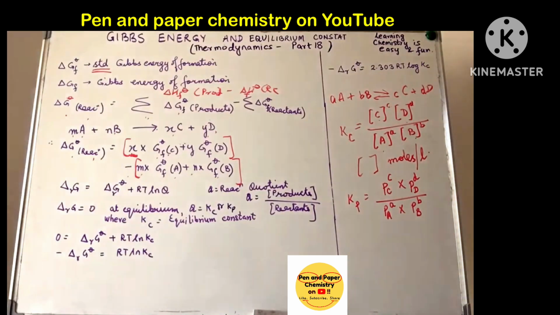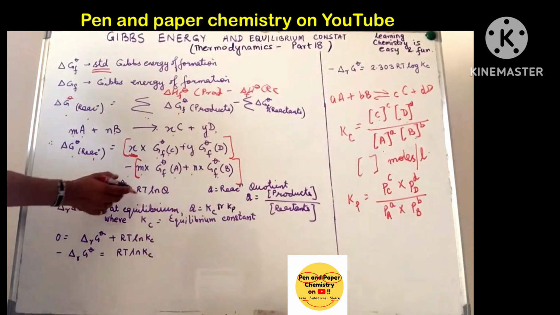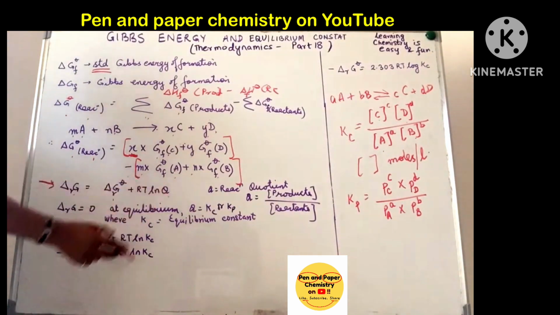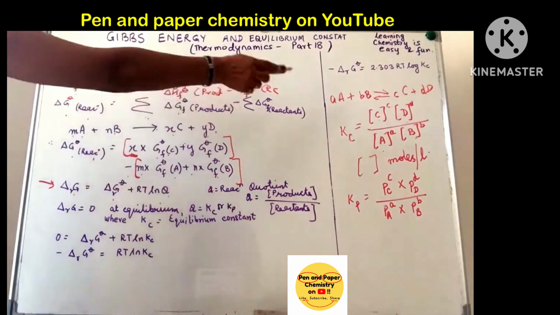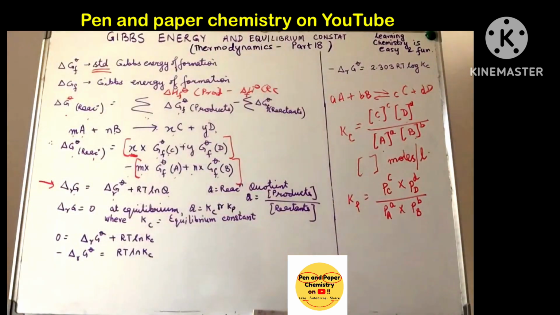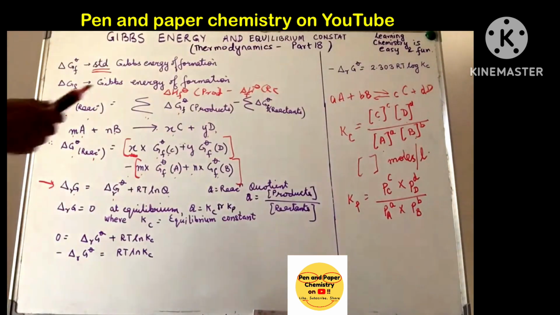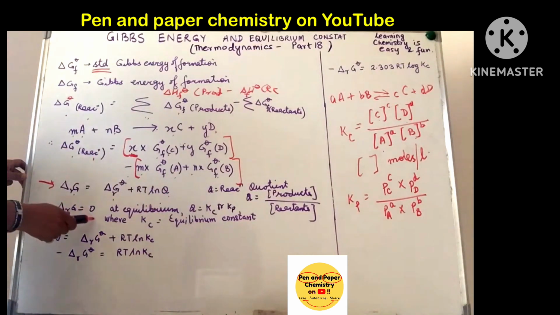Now we start with the expression delta G r is delta G r naught plus RT natural log of Q. Q is nothing but the reaction quotient, that means this ratio at conditions other than the equilibrium conditions. If I am talking about equilibrium conditions, that means my delta G becomes equal to 0.